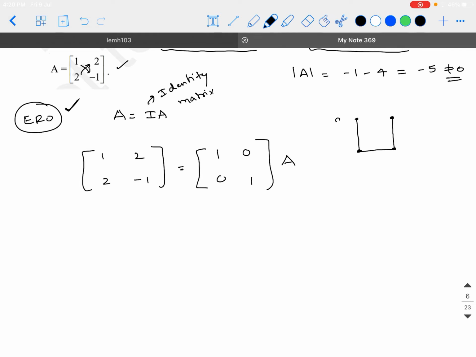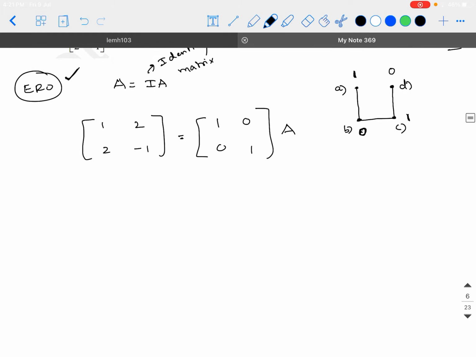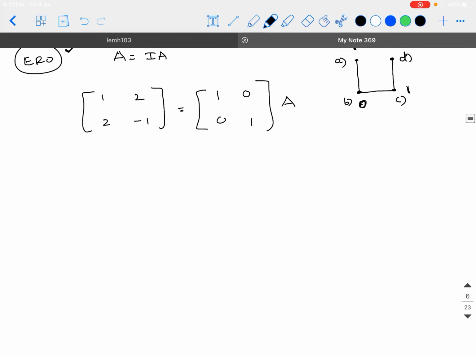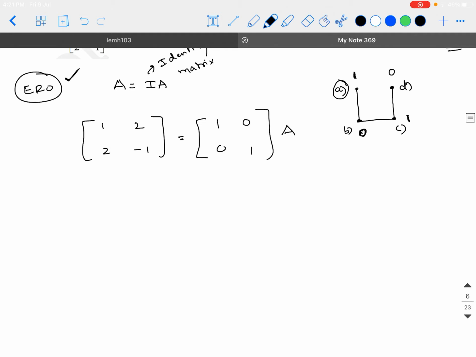So this is the order we need to follow: A, B, C, D. That means make this 1 first, make this 0, then make this 1, and make this 0. Then the right side will automatically give you the required inverse.